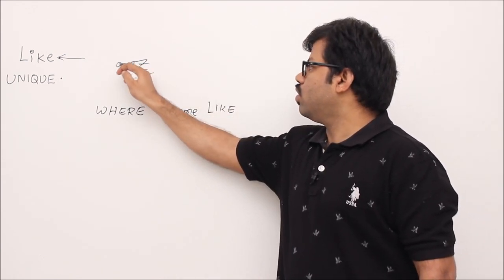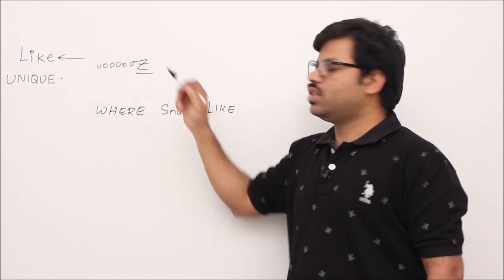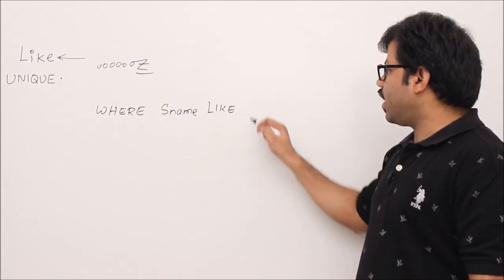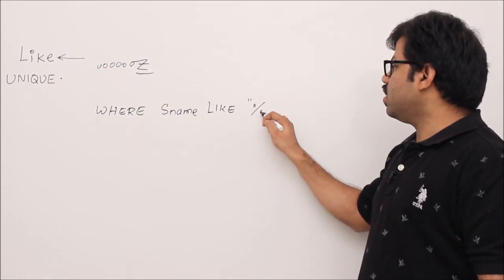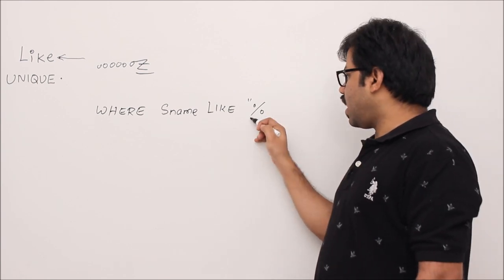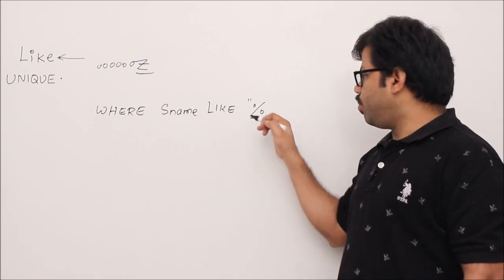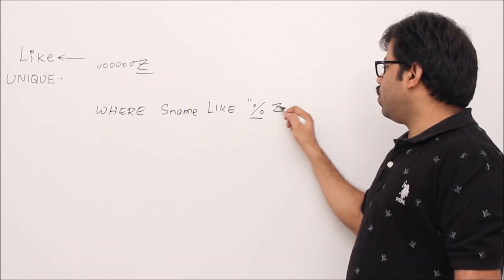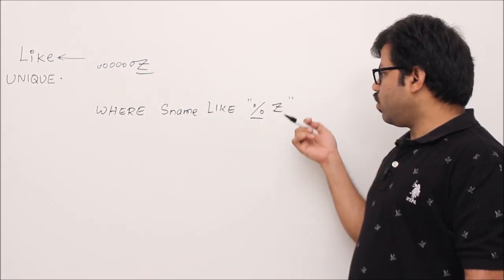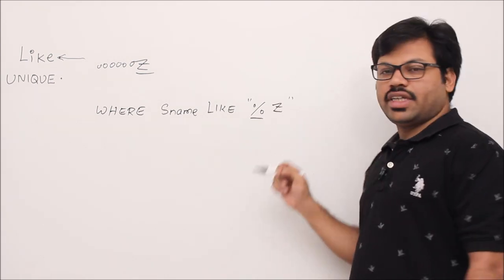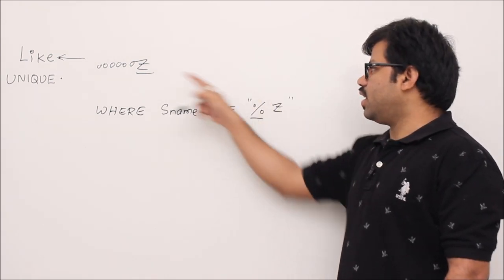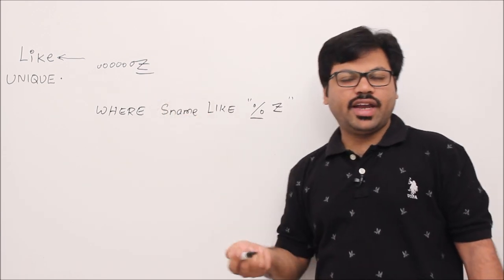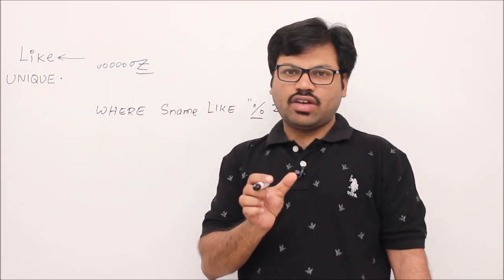Do you know how many characters we have before Z? No. Then directly we can use percentile. That means your friend's name starts with something, percentile, and later Z. So when you do this, what your DBMS understands is percentile, some set of characters followed by Z. Any name that ends with Z will have some set of characters.